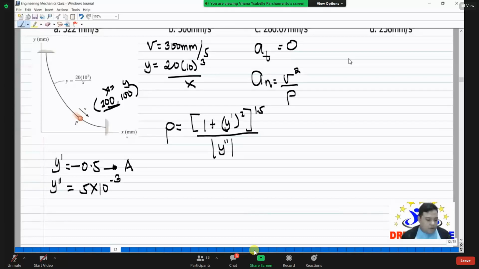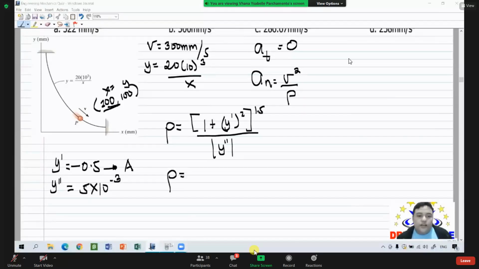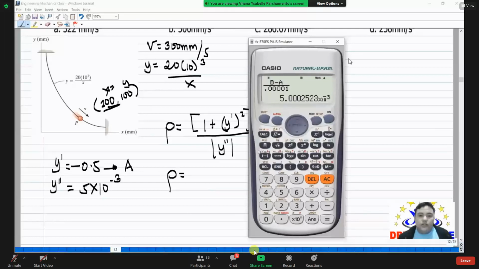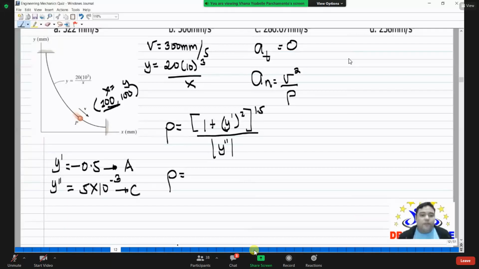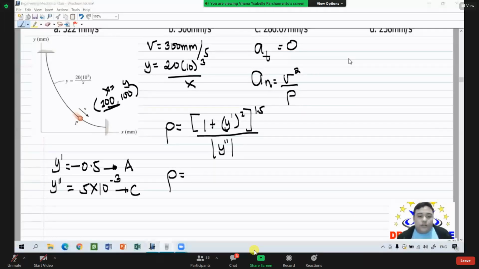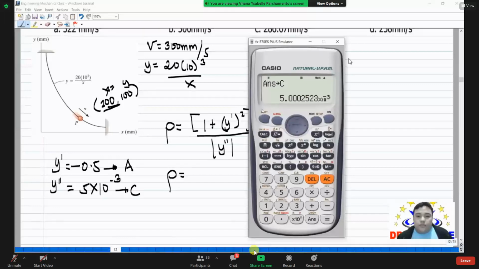So therefore, yung rho natin, so substituting the formula, so that is 1 plus, ano natin dito, second derivative. Store na lang natin to kay c. Para hindi na tayo magta-type. So that is 1 plus yung ating first derivative squared raised to 1.5 all over absolute value ng y double prime which is yung c, which is equal to 279.494.